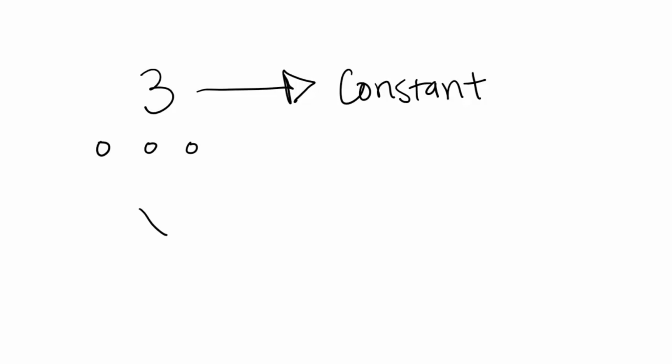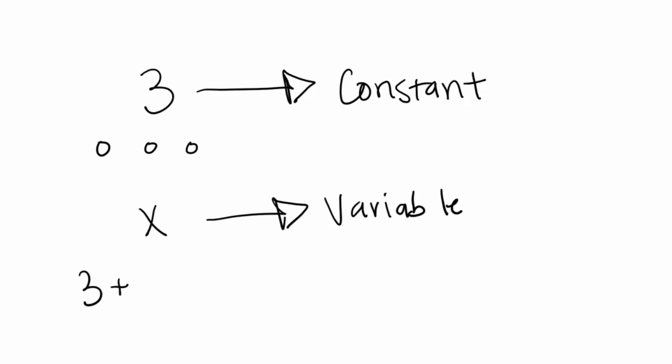But if we have something like x, then that is a variable because the value of x is not always the same. It's not constant. It depends on the equation. So if we take our equation from earlier where we had 3 plus x equals 7, in that equation, the value of x was 4.